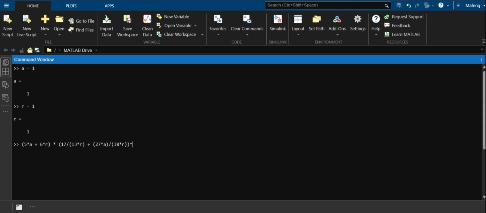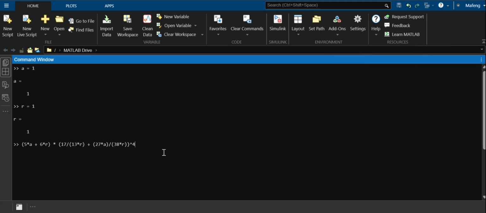Now this bracket is raised to the power of 4. Okay, so this is the representation of that expression now. 5a plus 6r times this second bracket raised to the power of 4, 17 over 13r plus 27a over 38r. And in each case, you are multiplying the number by the variable.